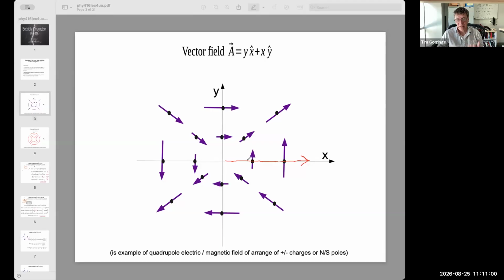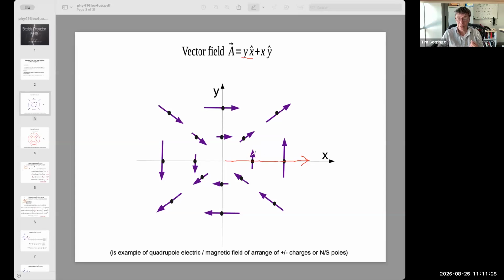If I'm on the x-axis, y equals 0. And so if y is 0, and we look at the equation up here, that means that there is no x component to the field. So on the x-axis, y equals 0, no x component to the field, but there will be a y component to the field because x is not 0.